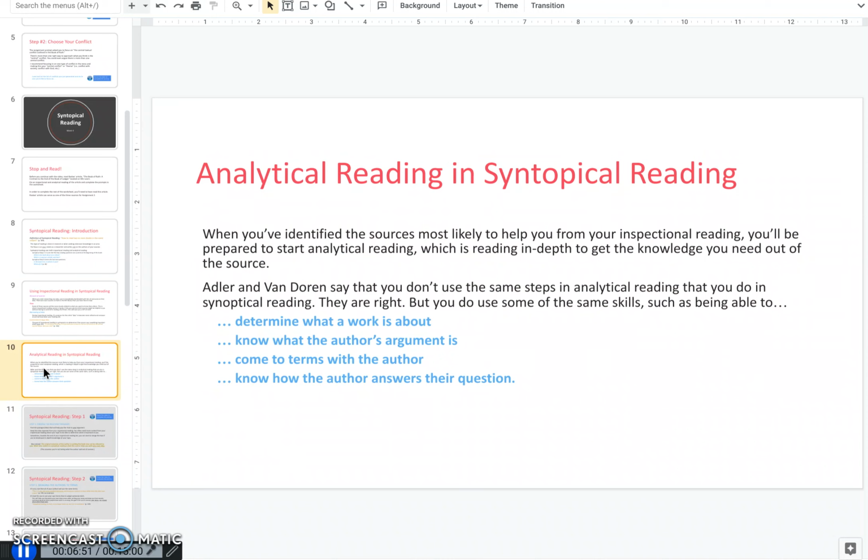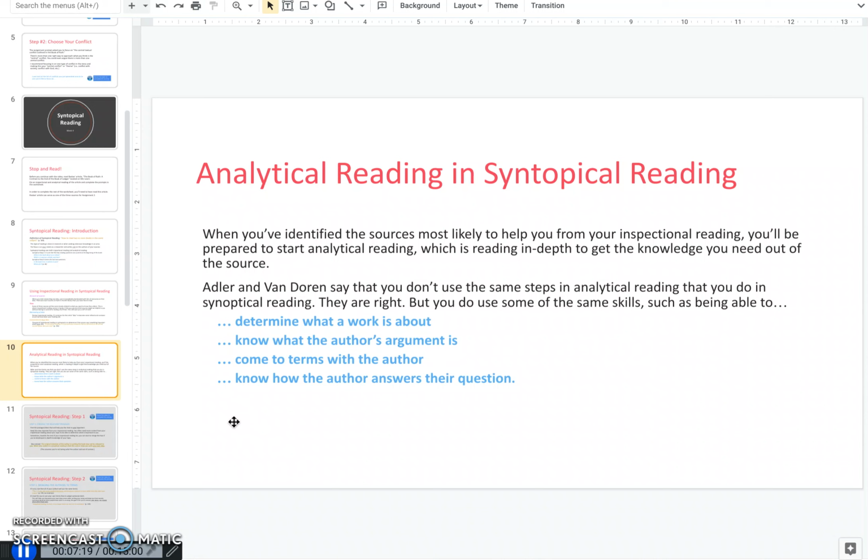Okay, how do you use analytical reading and syntopical reading? Okay, there's mainly 4 areas that will come into play. 1, you're going to have to be able to determine what the source is about. You're going to have to know what the author's argument is. You're going to have to come to terms with the author. So remember, terms is understanding how they are defining certain words, or if it's in a certain field where they have slang or lingo, you're going to have to know what the definitions of those terms are.